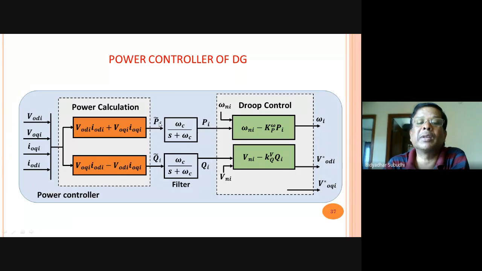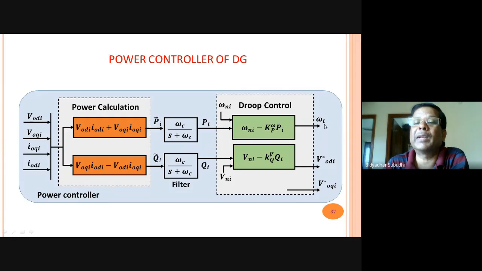Then, as I mentioned in my previous slide, by employing an appropriate filter operating at the cutoff frequency omega c, we get Pi and Qi and filter out all the outliers or harmonics.